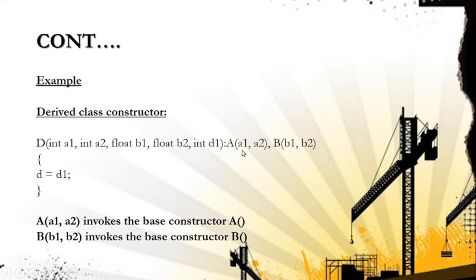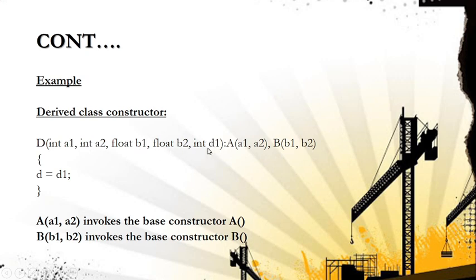You can't give something like d1, d2, which is not present in this derived constructor. That will cause an error. So anything that you declare here will alone be used in the base class's parameters. So a1, a2 are already defined here. And likewise, we have one more class, class b's constructor. It is having b1, b2. It is also defined inside the derived class's constructor.